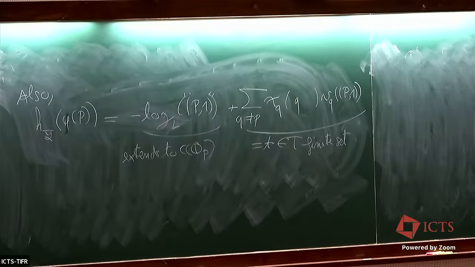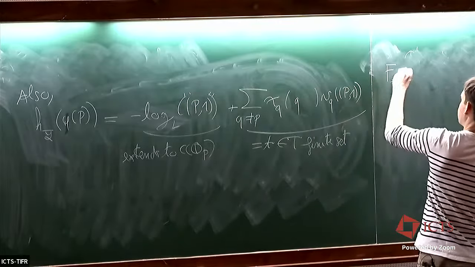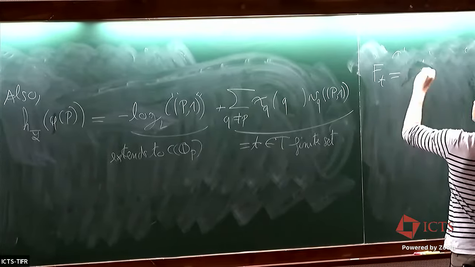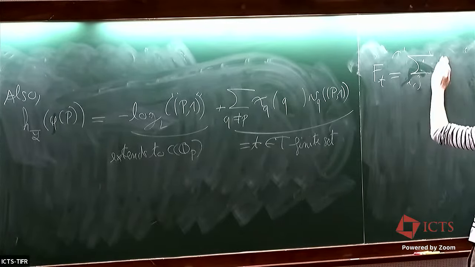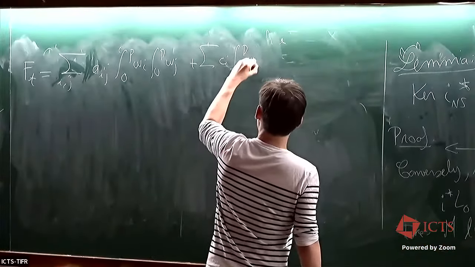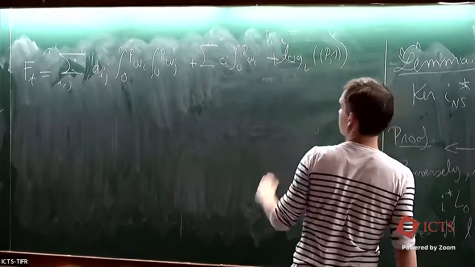This is exactly, to tie up with what I said in the first talk, what defines p-adic local equations of rational points. So I can define Ft, which is the sum of those integrals over there, plus log L of 1.